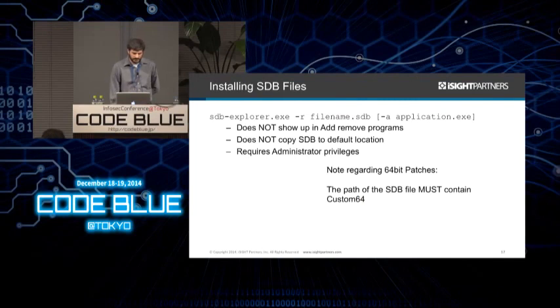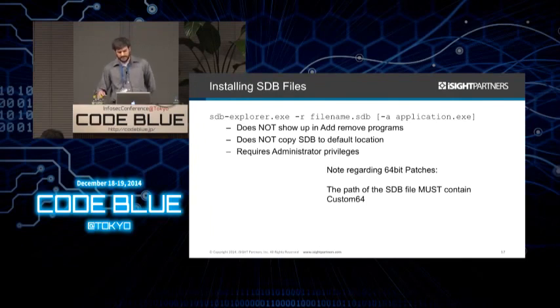So when I was starting my research, I was looking into how this worked, and I decided to add this feature of installing or registering SDB files. If you register them through SDB Explorer, it does not have the side effect of showing up in add and remove programs, and it does not copy these SDB files to the default locations.